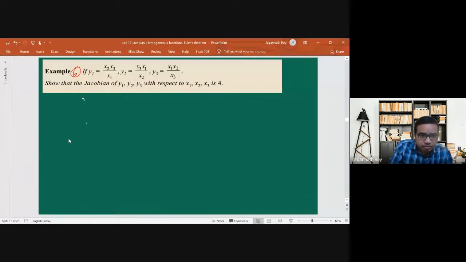So y1. The Jacobian will be the partial of y1, y2, and y3 divided by x1, x2, and x3.